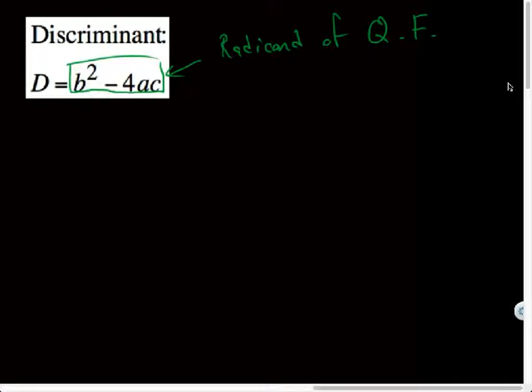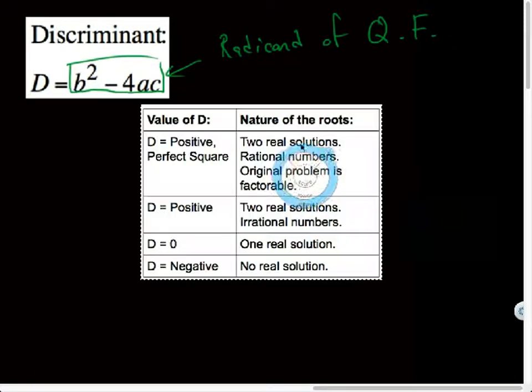So the discriminant is literally just that inside value, and it turns out I've got this nice little chart where I use this discriminant as a measurement tool to determine what things are going to look like when I get these answers. What's going to happen when I solve this? It's a litmus test. What category of problem is this going to become? And I've got this nice little chart here for us.